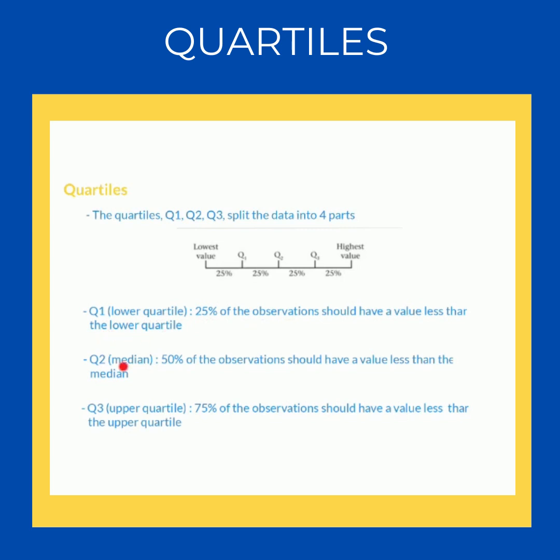Q2, which is the median, means that 50% of the observations should have a value less than the median. And finally, Q3, which is the upper quartile, means that 75% of the observations should have a value less than the upper quartile.